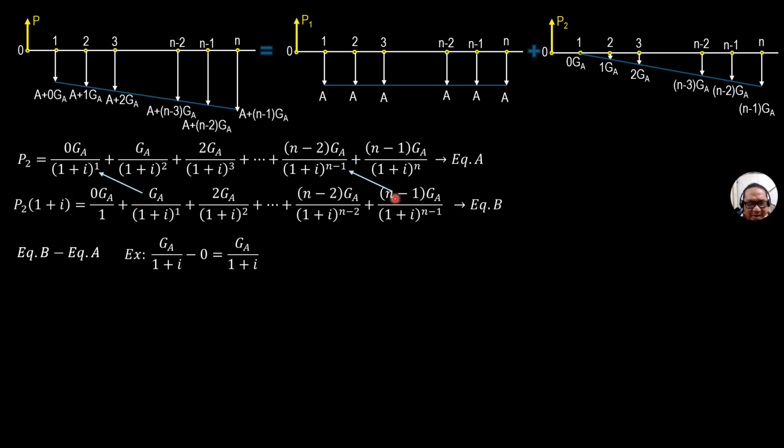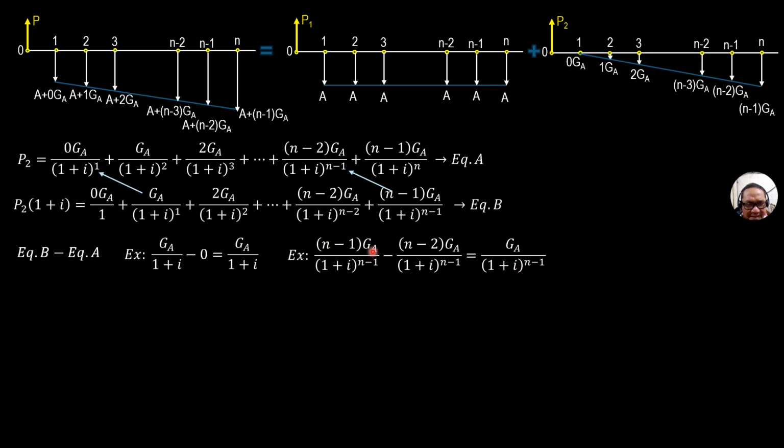So this one also will give us the same difference of G sub A over 1 plus I. So that would still be G sub A over 1 plus I to the n minus 1, of course.